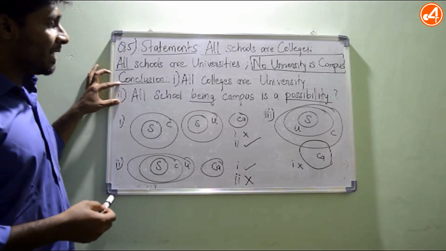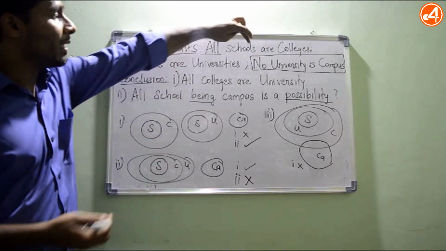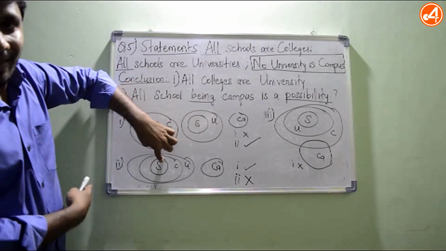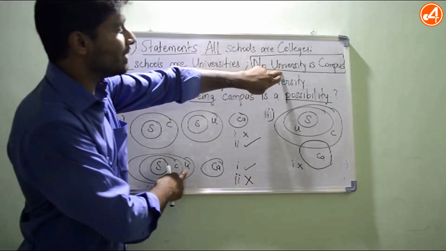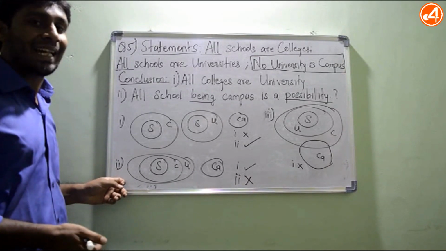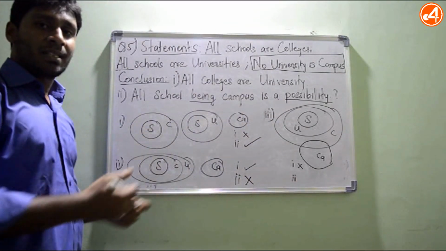Got it? All schools being a campus is a possibility if it is chances, and if this chance is true, this will become false. If I combine this campus and this school in the second diagram, again this campus will come under university, but university and campus should have no relations at all. That's a given condition. So this is false in the second diagram. And in the third diagram, can you please come out with the answer?